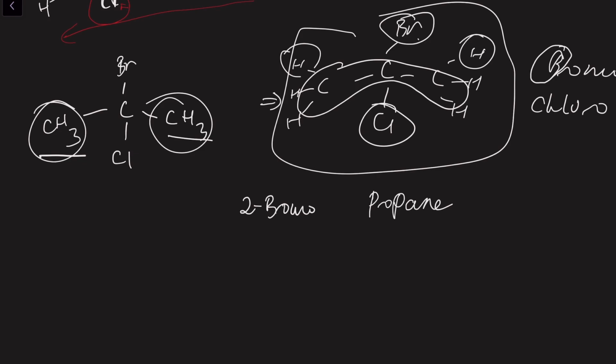And similarly for the chlorine atom, because you have multiple possibilities for it to be attached, maybe to the 3rd carbon atom or the 1st carbon atom, you need to indicate its position. 2 bromo, 2 chloro, propane. So this is how you name the particular organic molecule.